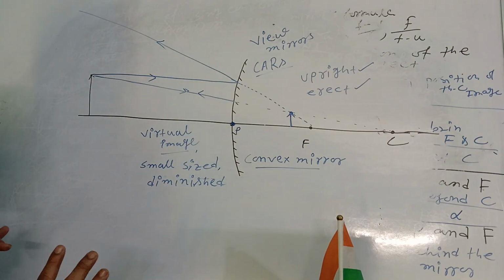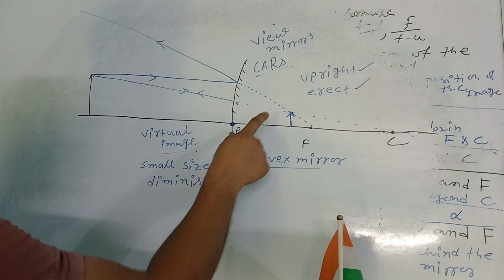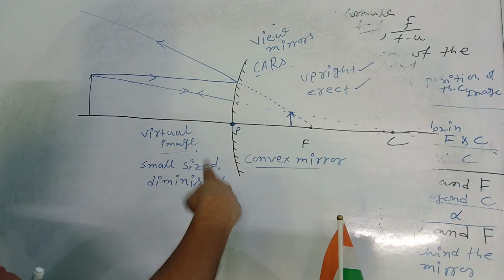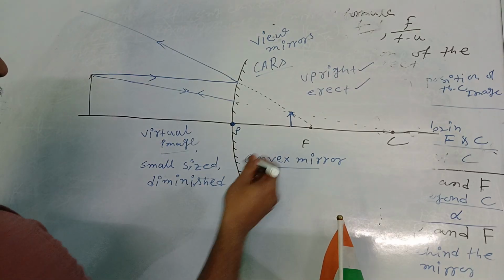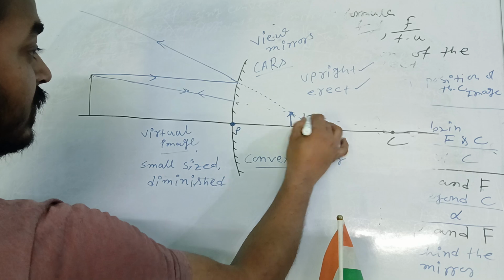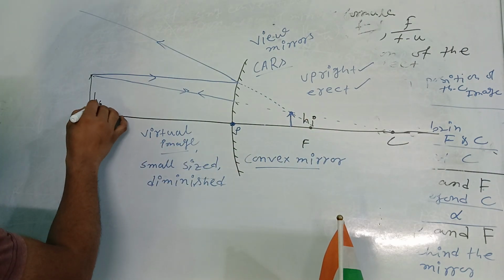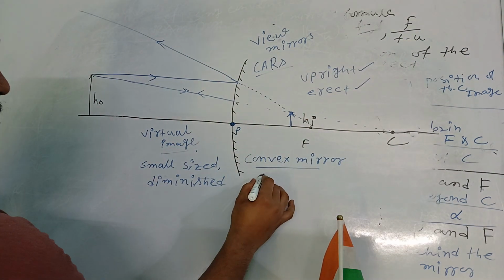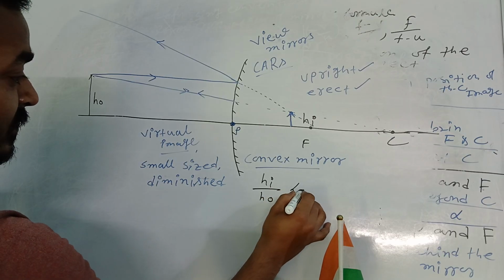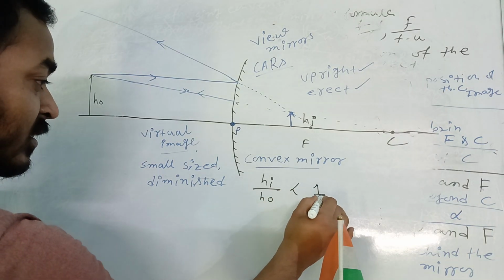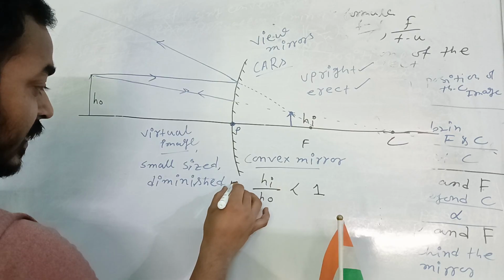So clear? In case of a convex mirror, the height of the image divided by the height of the object is less than 1, and it is known as magnification.